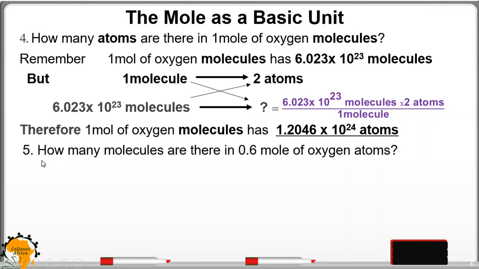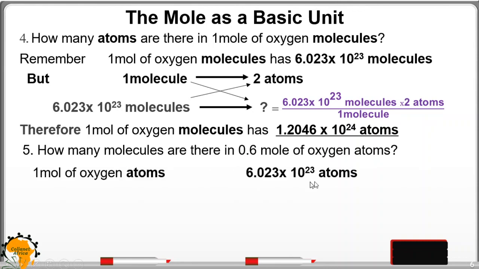The 5th example, how many molecules are there in 0.6 mole of oxygen atoms? Here we have been given the number of moles of atoms. So we'll start with 1 mole of oxygen atoms contains the Avogadro's constant of atoms of oxygen.